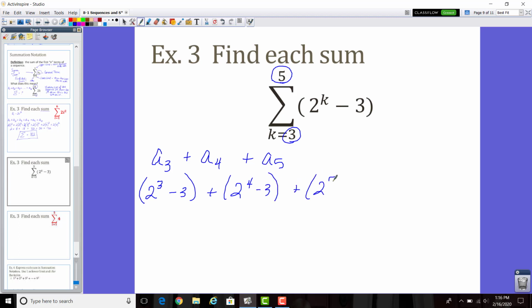Add that to 2 to the fifth power minus 3. 2 cubed is 8. 8 minus 3 is 5. 2 to the fourth power is 16. 16 minus 3 is 13. 2 to the fifth power is 32. 32 minus 3 is 29. Third, fourth, and fifth, the sum of those is 47.